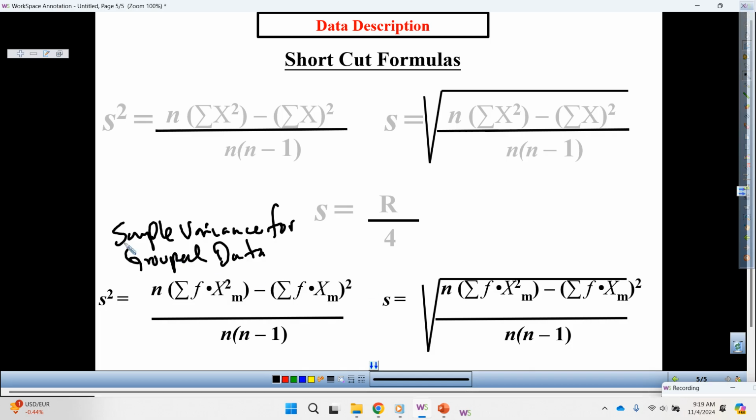Let me repeat that again. If this is sample variance for grouped data, what do we call this last one? Sample standard deviation for grouped data. That is correct. Thank you, Julius.